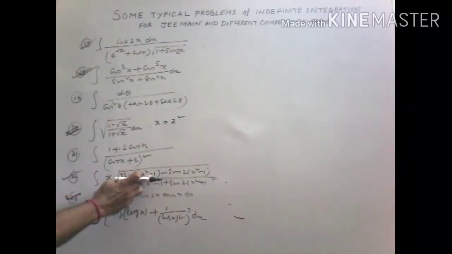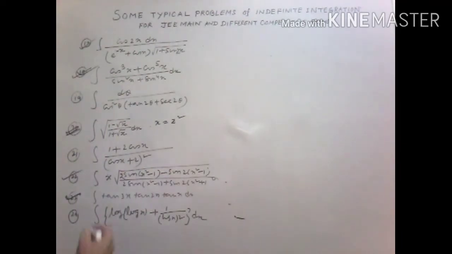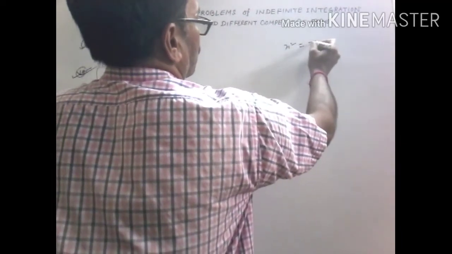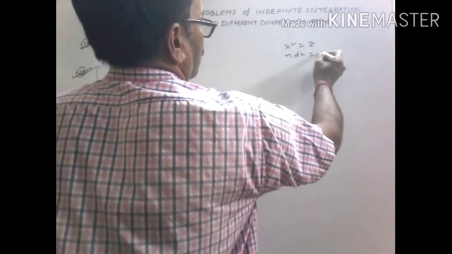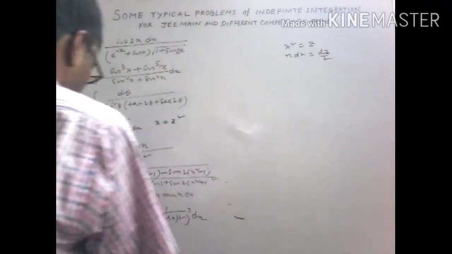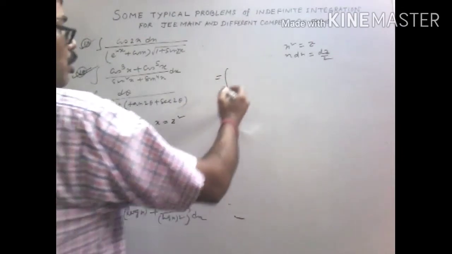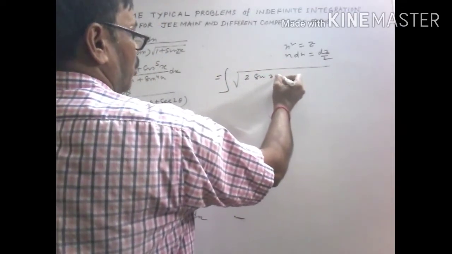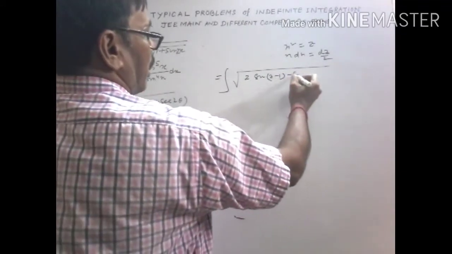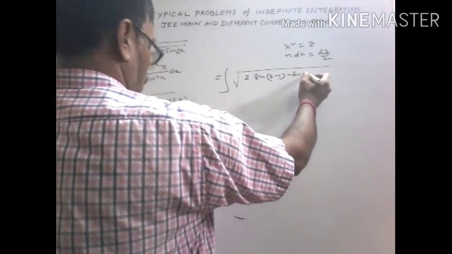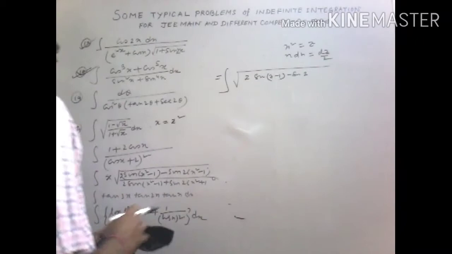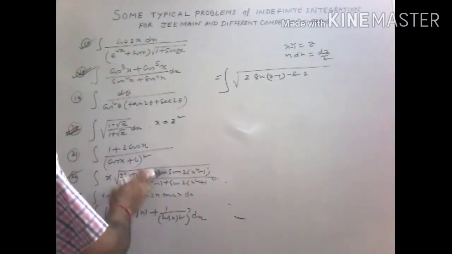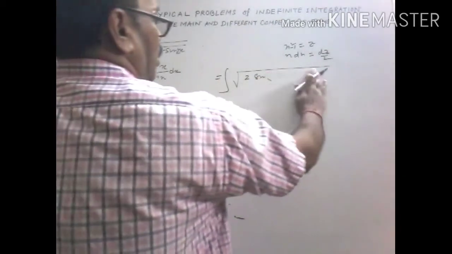You know, the derivative of x square is x, so x dx is given. So we put x square equals z, so x dx equals dz by 2. So this integral reduces to root over 2 sin z minus sin 2z... So we consider x square minus 1 equals z, because the derivative of 1 is also 0.